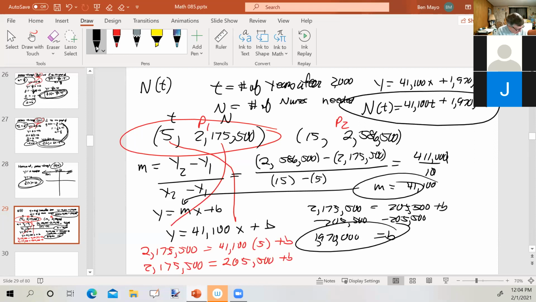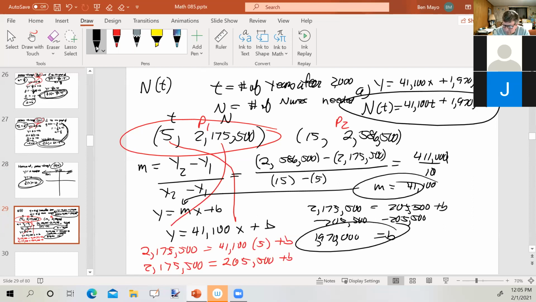Okay, now, the follow-up question says, use your answer in part A, and this was part A, to predict the number of full-time registered nurses that will be needed in 2025 if the trend continues. So the question is this: what T value are we going to use for the year 2025? 25.